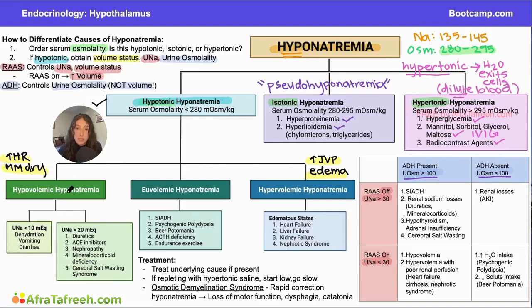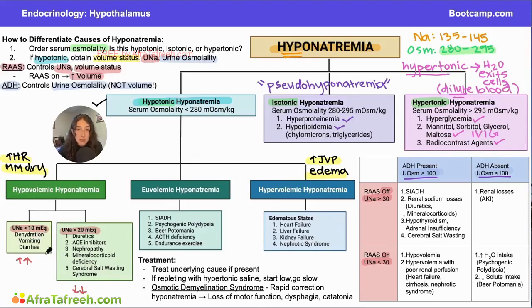Okay, and there's two sets of diagnoses basically within a hypovolemic hyponatremia that are both going to be distinguished by the urine sodium. And urine sodium, as I just told you, is going to be kind of a proxy for RAAS. So the difference here is whether RAAS is on or RAAS is off. So over here in your RAAS is active column, we have things like dehydration, vomiting, diarrhea.